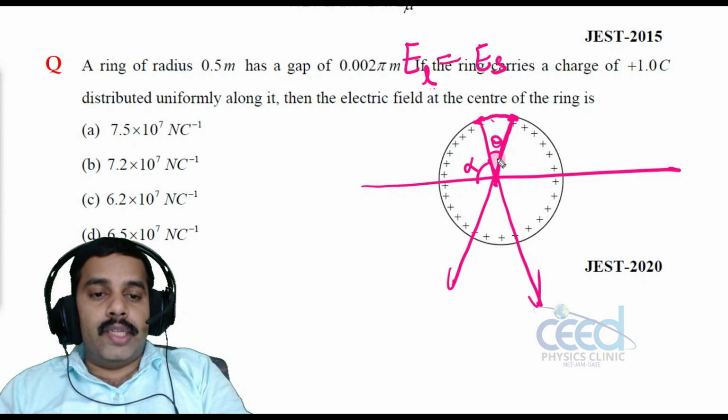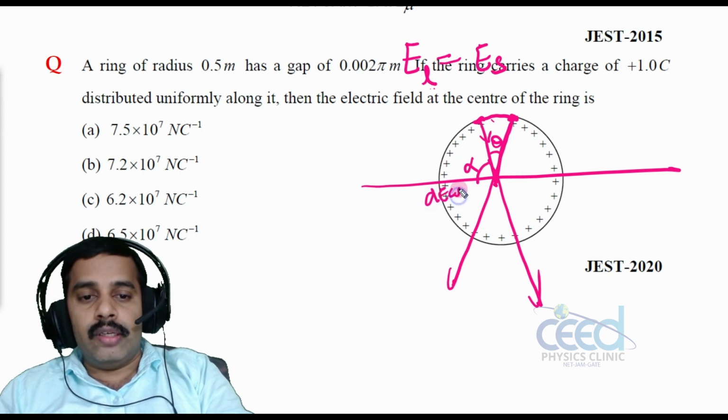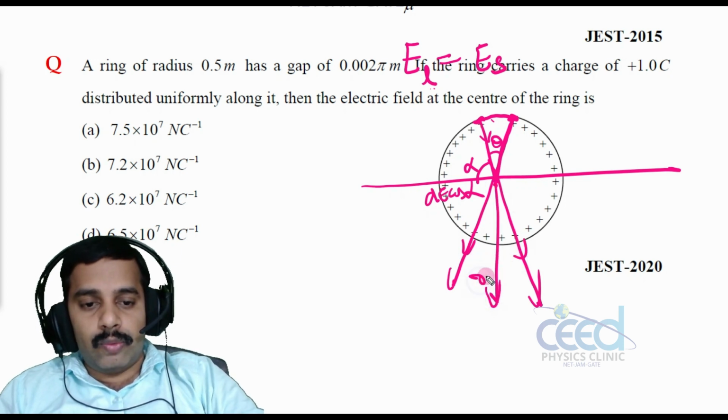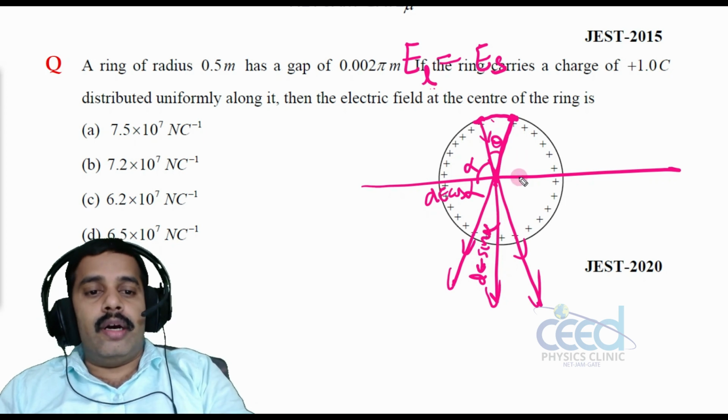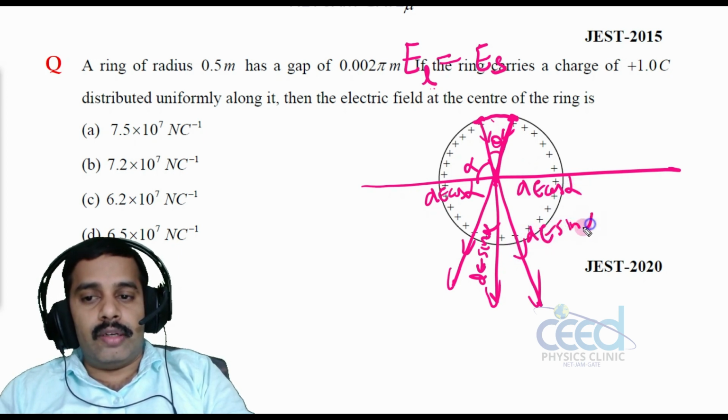And what should be the component of this field? If this is the electric field, component of this field is dE cos alpha, and we have the resultant of these two fields, that will be in this direction, right? So this should be dE sin alpha, right? Similarly, due to this part we have again dE cos alpha here, and here we have dE sin alpha.